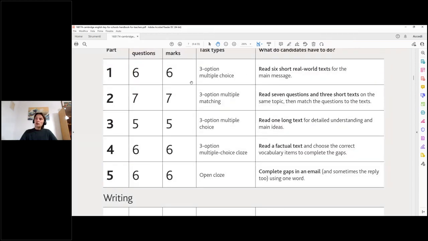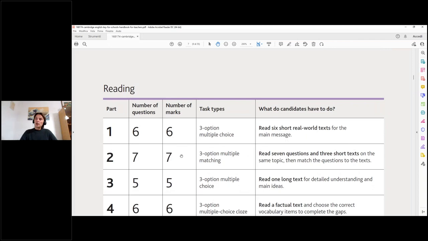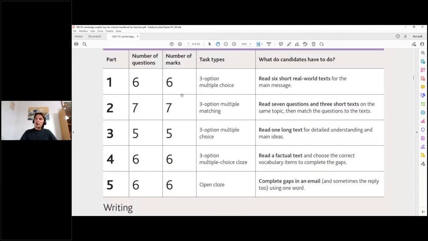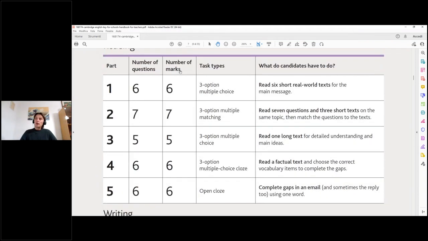So make sure you check the first 5 parts and write down your final mark, right? Like how many correct questions you got, and how many wrong answers you got. So make sure you write down your mark.